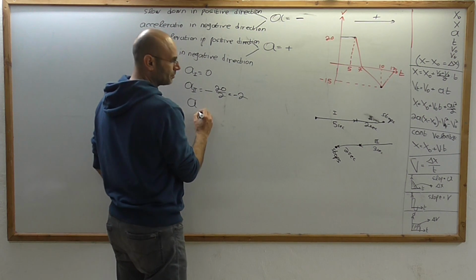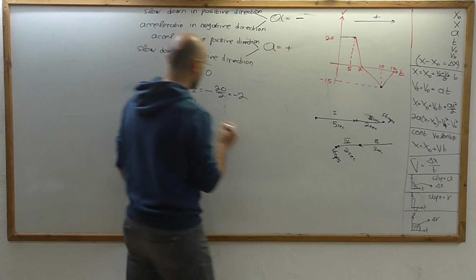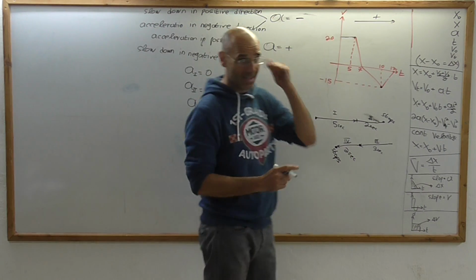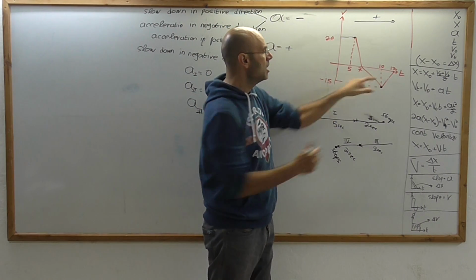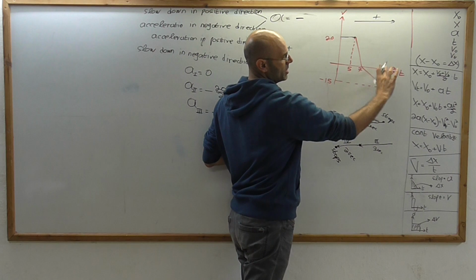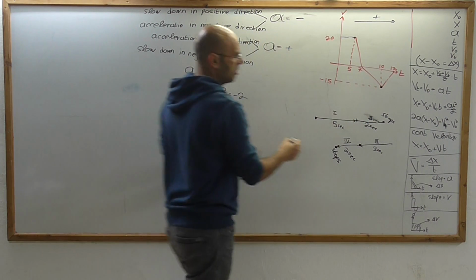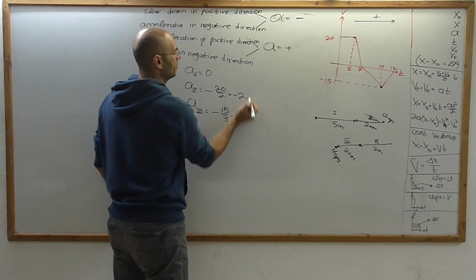If I take the third part, this is the fourth part. If I take the third part, again it will be minus, but the meaning is increasing speed in the opposite direction. I see the triangle here, so it's vertical over horizontal, 15 over 3, which is minus 5.